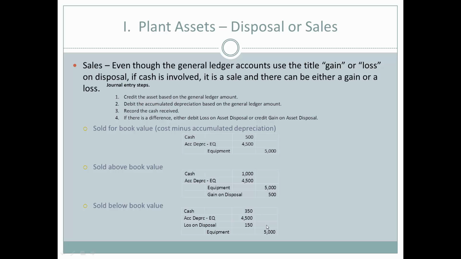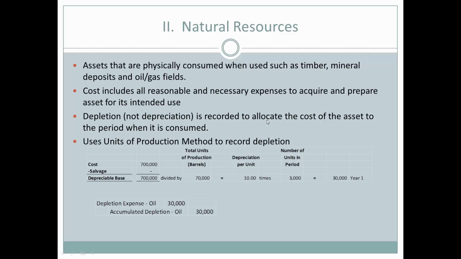We can see our debits and credits don't agree. So there must be another debit that we need, and that would be the loss on disposal of $150. And that also makes sense because the book value is $500. Our cash that we received was $350, so the difference would represent the loss.